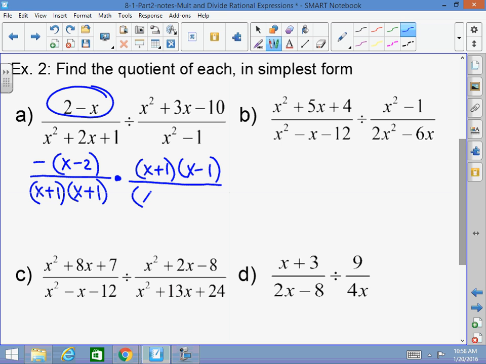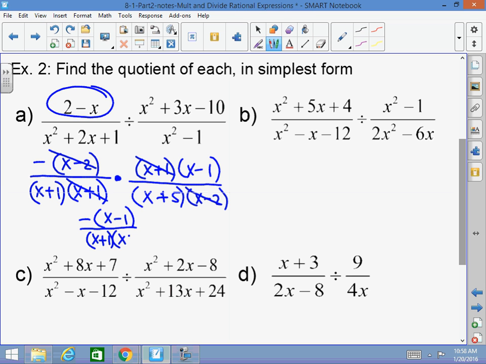And this is x plus 5 and x minus 2. The x minus 2's cancel. The x plus 1 cancels. And I'm left with negative x minus 1 over x plus 1 times x plus 5.